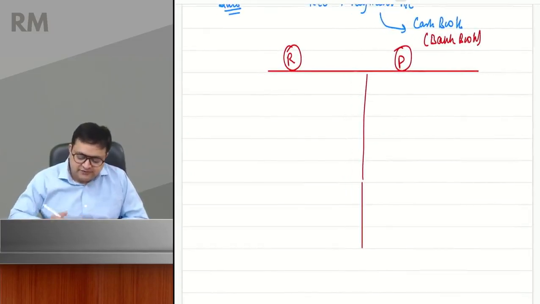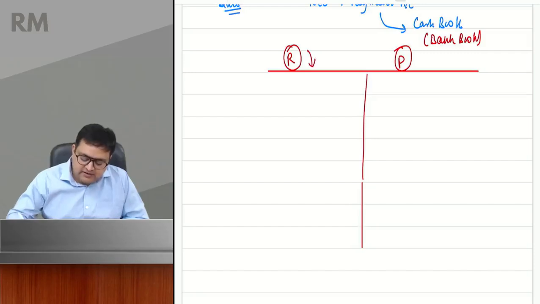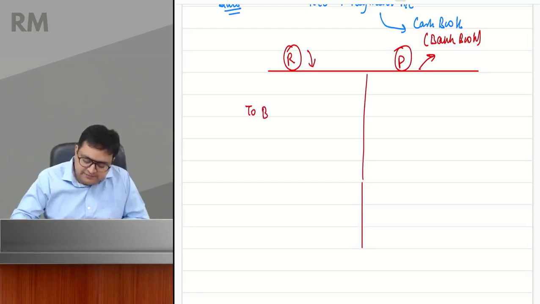What you will have here: all the money which is coming in, and here all the money which is going out, would be recorded. So tell me, let's say in this year you have received some money related to PGBP, for your business and profession. Your business and profession receipts, let's say 30 lakh.